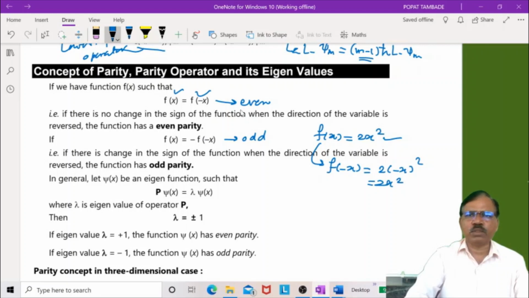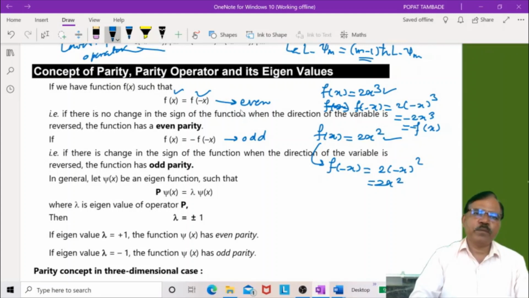But if we take another example, f of x is equal to 2x cube, then we get f of minus x is equal to 2 times minus x cube, it is minus 2x cube, so it is minus f of x. So this function has odd parity. Now if we take parity operator P operating on psi of x, and it is equal to lambda psi of x, where lambda is the eigenvalue.